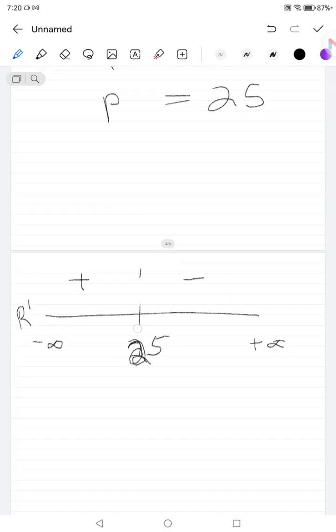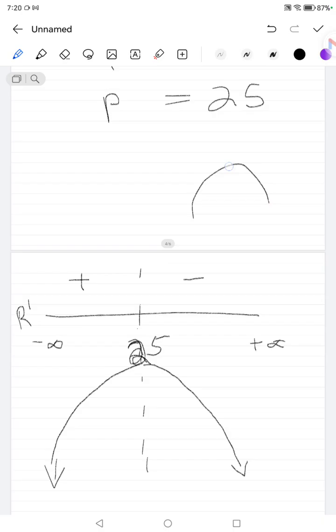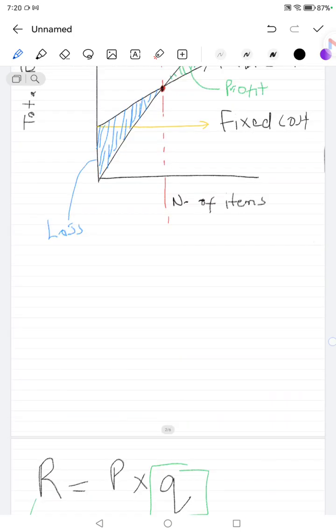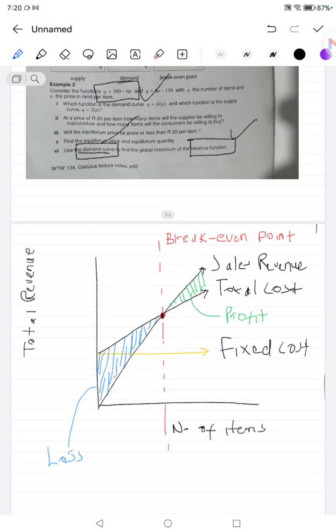Then it's like this, and like how we normally interpret it, you have this going up since it's positive, and this side going down. If you have something like this, that's where you are having your maximum. The question says, use the demand curve to find the global maximum.